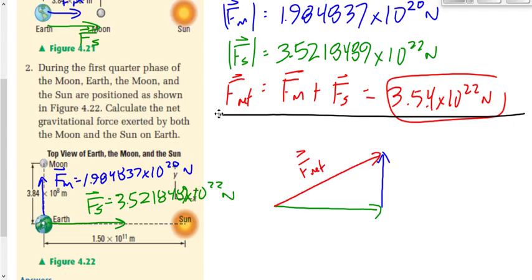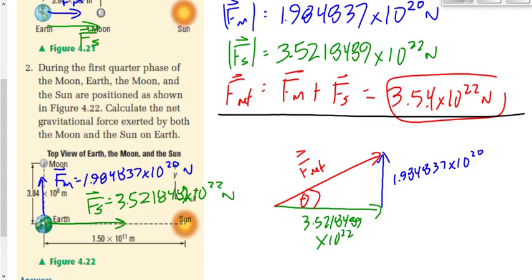So in order to figure this out, I'm going to label this 3.5218489 times 10 to the 22. I'll label this one 1.984837 times 10 to the 20 newtons. And I'm going to find F net there, keeping in mind that the net force also includes a direction, because force is a vector.